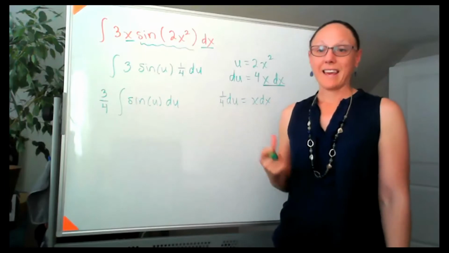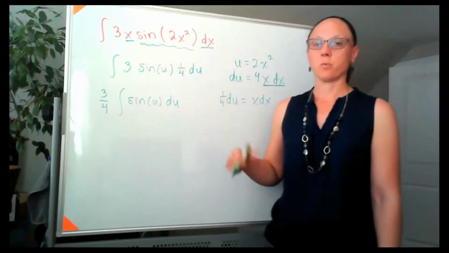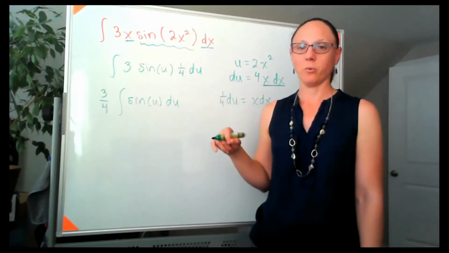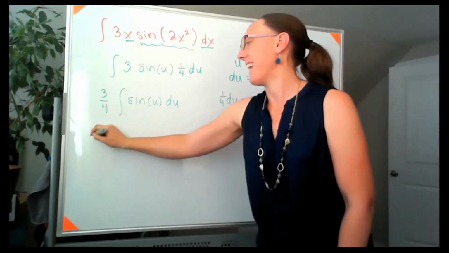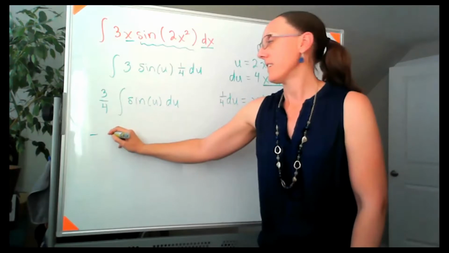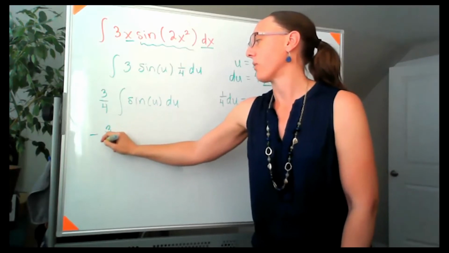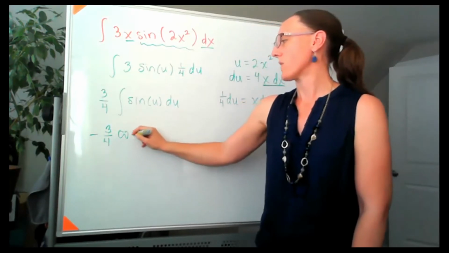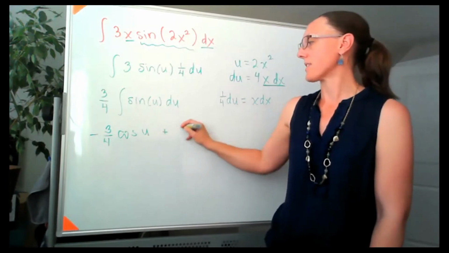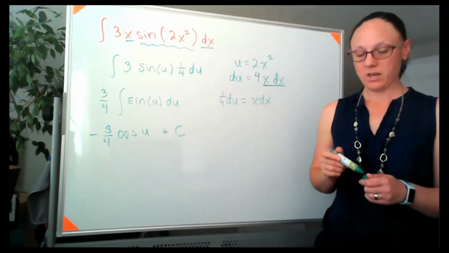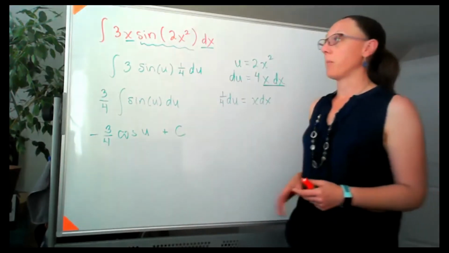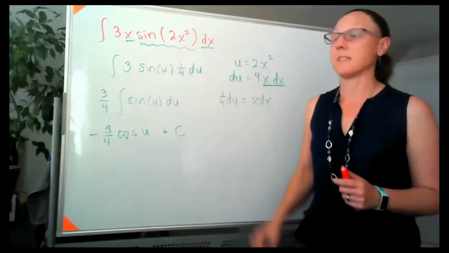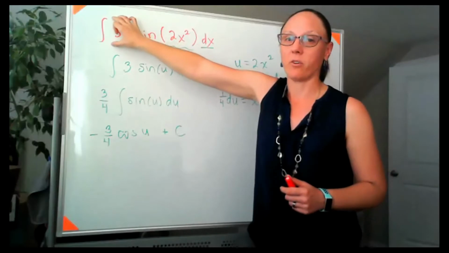Now I look at that and say, what's the function whose derivative is sine of u? That function whose derivative is sine is negative cosine. So I'm going to have negative 3/4 cosine of u plus a constant. To make sure that I get all of my points, I'm going to look back to the original problem and say we did not have limits of integration.